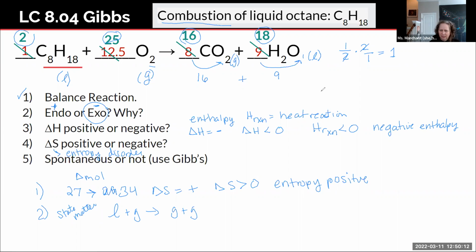All right, so those gases are just going to cancel off there because there's a gas on the left and gas on the right. So I'm left with liquid to gas. Gas, disorganized, all random, all over the place. Liquid, it's not super organized, but it is able to have a constant volume. And that constant volume means that it is more organized than a gas. So we got more disorder.